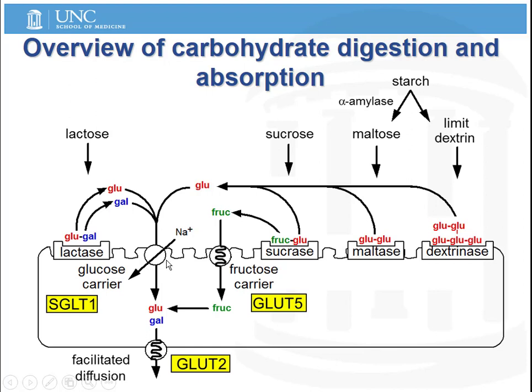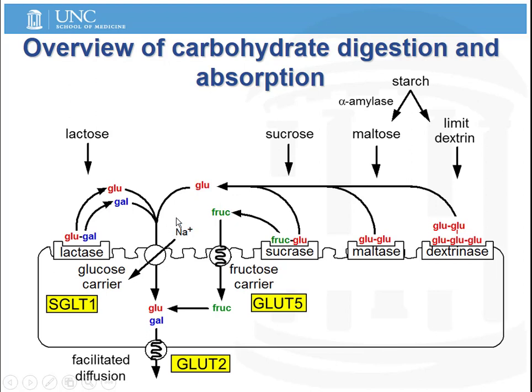We said we also ingest disaccharides in the form of lactose and sucrose. Lactose is digested by the brush border enzyme lactase to produce glucose and galactose, both of which use that same secondary active transporter, the sodium-dependent glucose transporter, while sucrose is digested by the brush border enzyme sucrase to produce glucose and fructose.